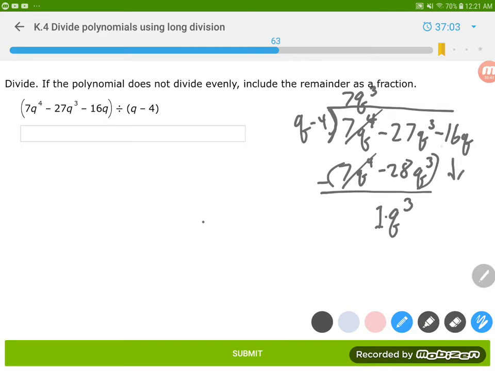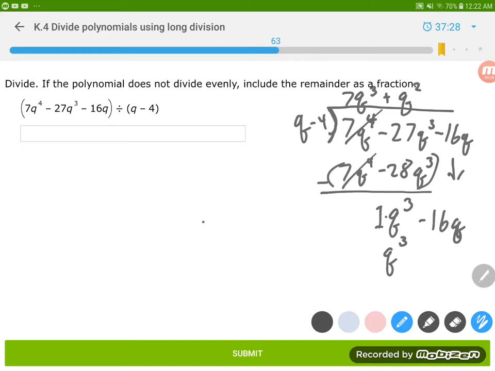Then we're going to go ahead and bring down our negative 16q. Now again, we do have to be careful. Notice there's a jump in powers from q to the 3rd to just a q. So q can divide q to the 3rd q squared amount of times. So q squared times q is q cubed.